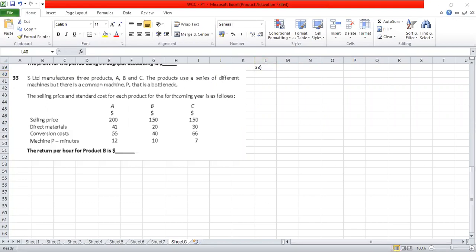First, find out what is throughput. After that, we can find out what is the return per the bottleneck resources.